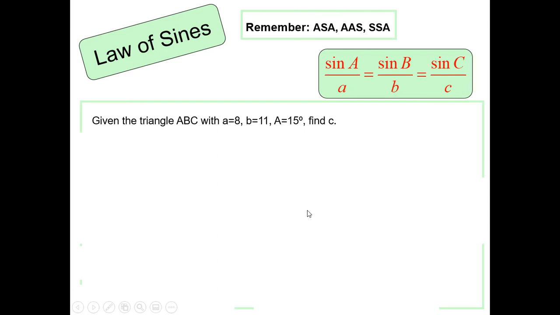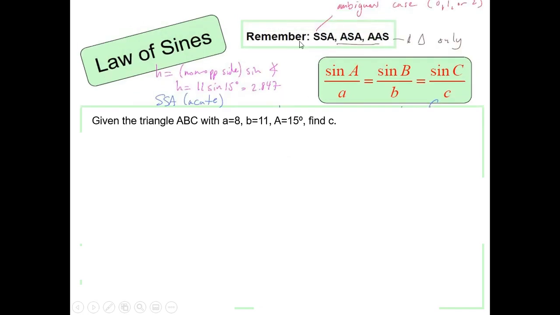All right, law of sines. Remember we learned sine of A over a equals sine of B over b equals sine of C over c. Given the triangle ABC with sides a equals 8, b equals 11, and angle A equals 15 degrees, find side c.